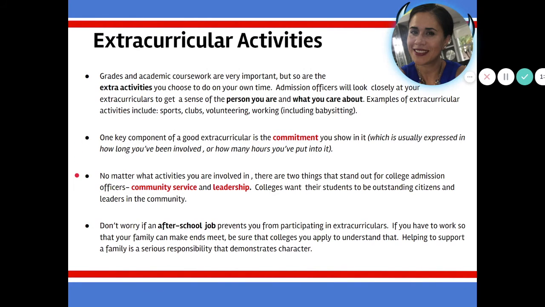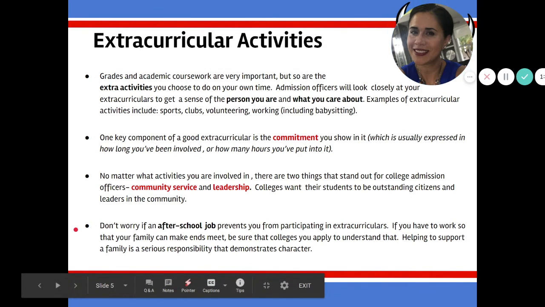No matter what activities you are involved in, there are two things that stand out for college admission officers: community service and leadership. Colleges want their students to be outstanding citizens and leaders in the community.